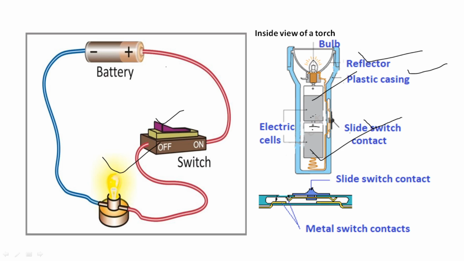No. Why will the bulb not glow? Because electricity flows from the positive terminal to the negative terminal. If it is negative and it is also negative, then from negative to negative terminal electricity will not flow.